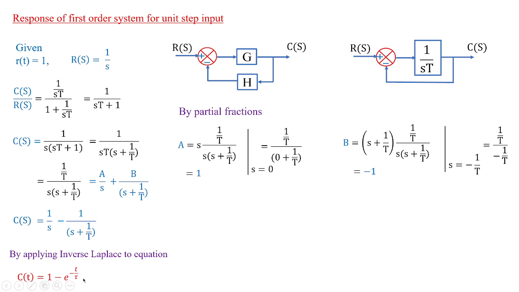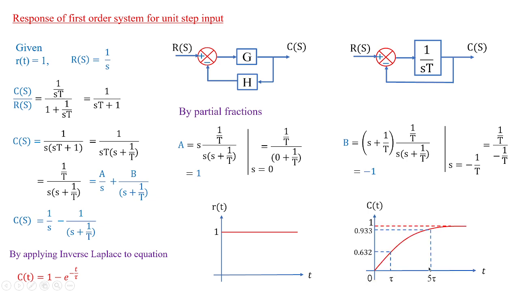Tau is the time constant. And what was the conclusion made? When a unit step input was applied to the first order system, we got the output as an exponentially rising curve. So this was the conclusion made with the time response analysis for class 1.